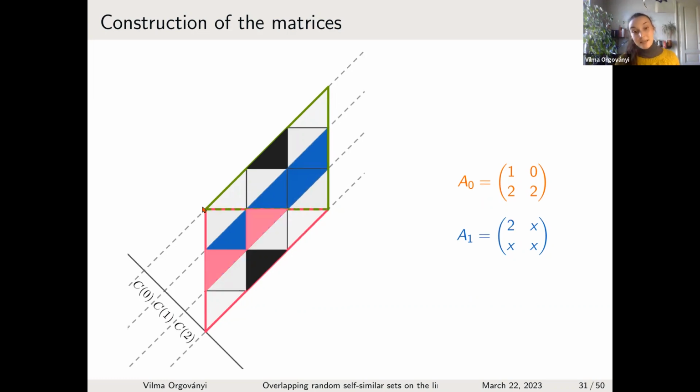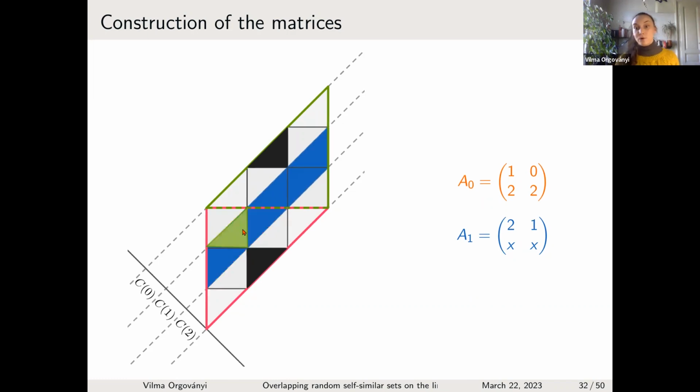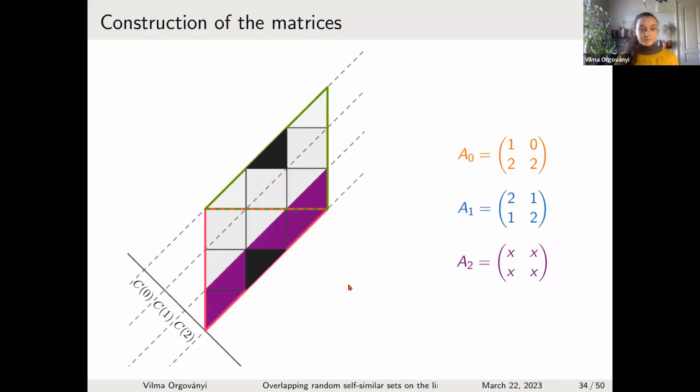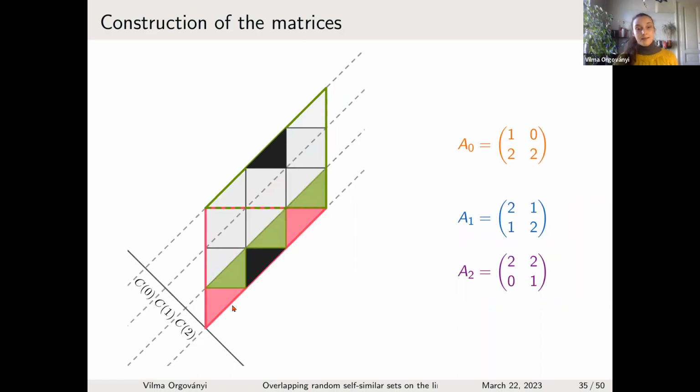The big pink triangle contains 2 small pink triangles, so the first element is 2, and 1 small green triangle, so the second element is 1. And the big green triangle contains 1 pink and 2 green triangles. And similarly with the last column, the big pink contains 2 small pink and 2 small green, and the big green does not contain any small pink and contains 1 small green triangle.